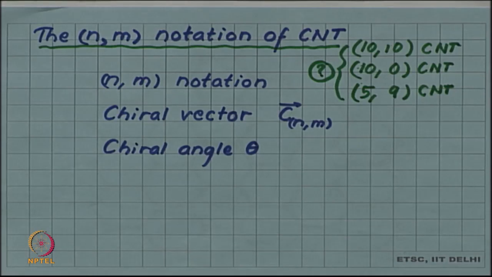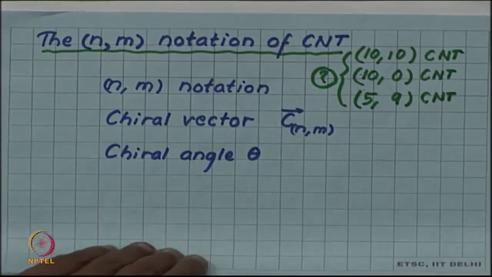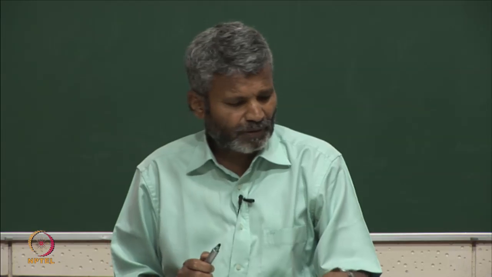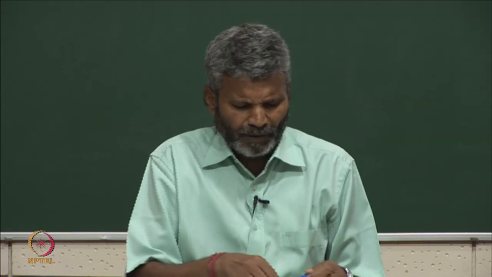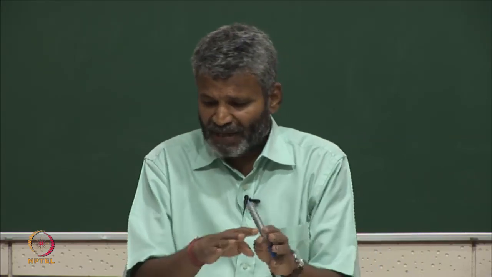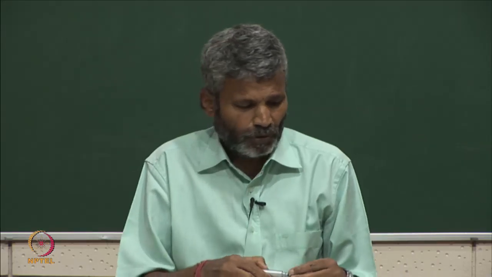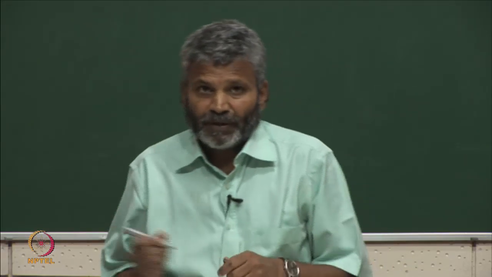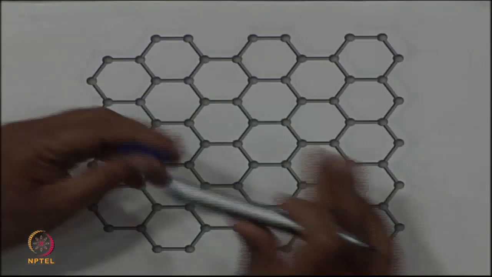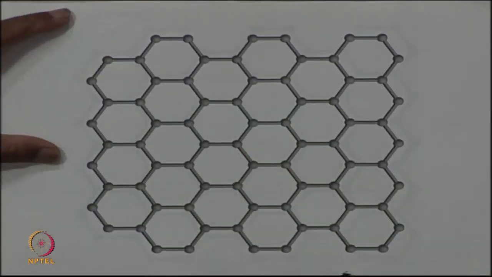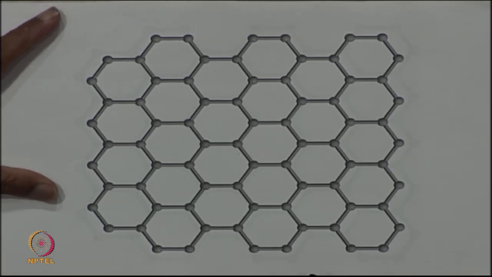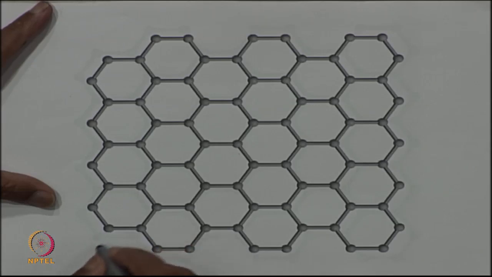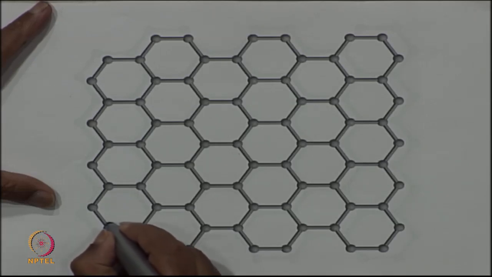To do this, we again begin with our graphene sheet, and now I will try to show carefully what I was telling you, what I do when trying to match the atoms along the tube axis. Let us look at this graphene sheet. When discussing the graphene structure, we have already talked about that it is the alternate atoms.